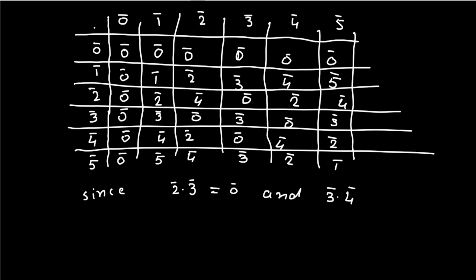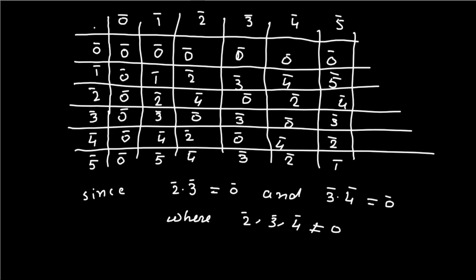This means that 2, 3 and 3, 4 are zero divisors. 2 times 3 is 6, giving remainder 0, and 3 times 4 is 12, after dividing by 6 we get the remainder 0. These elements are non-zero.